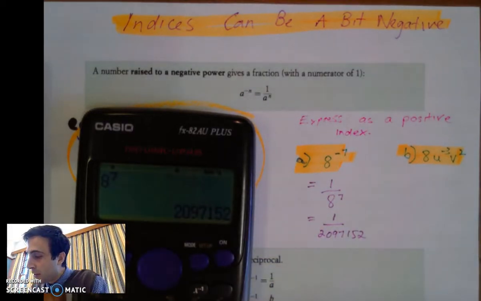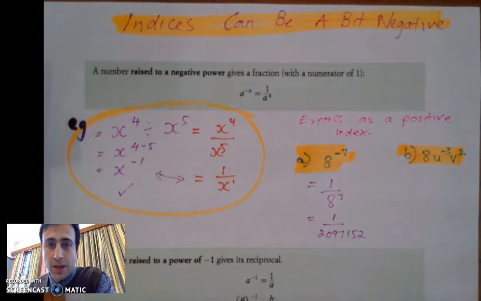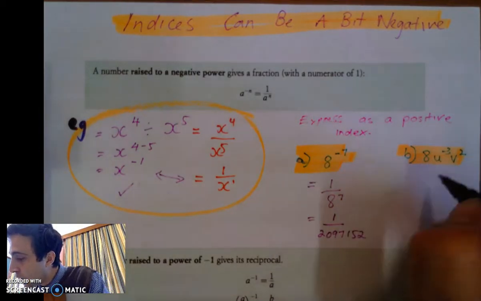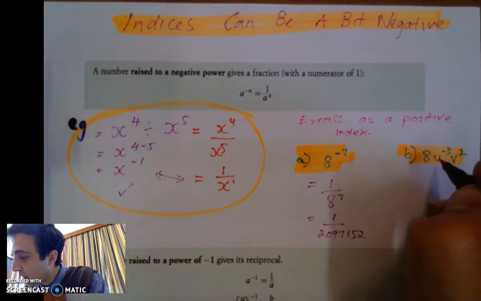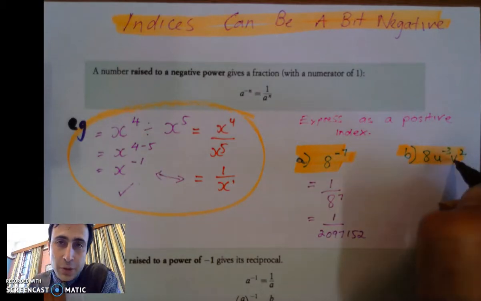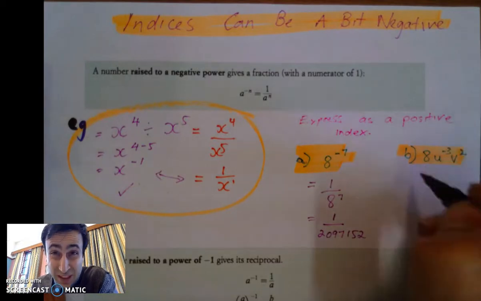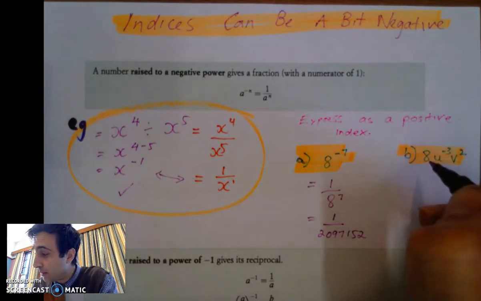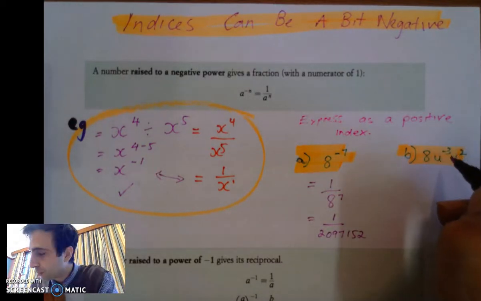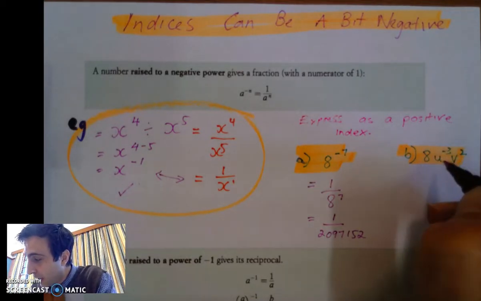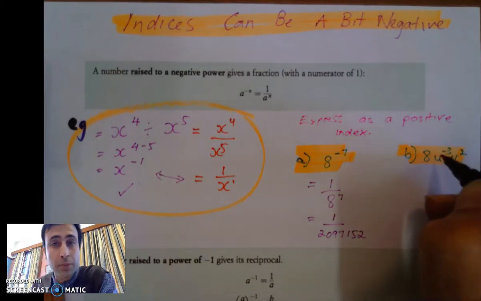Whereas this one here is just a little bit cheekier. 8 v squared u to the minus 3. Now the trick with this one is which bit is being put to the negative power. It's not 8, it's not v squared, it's only u to the minus 3.